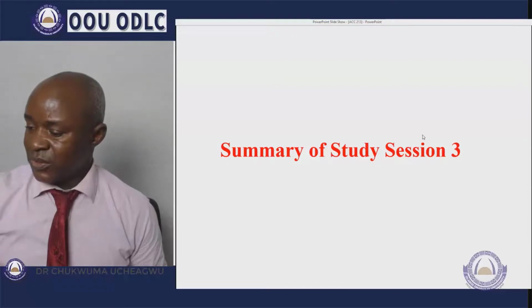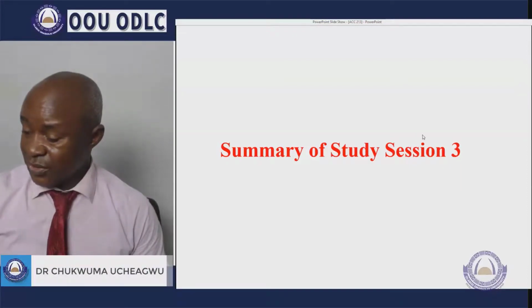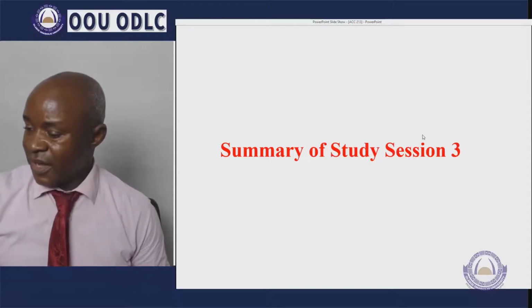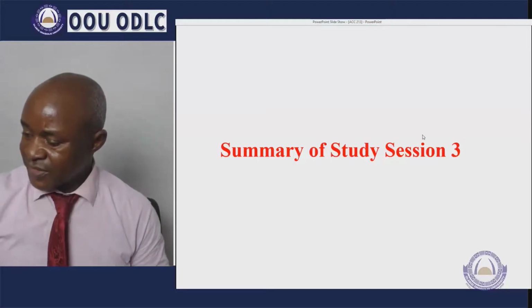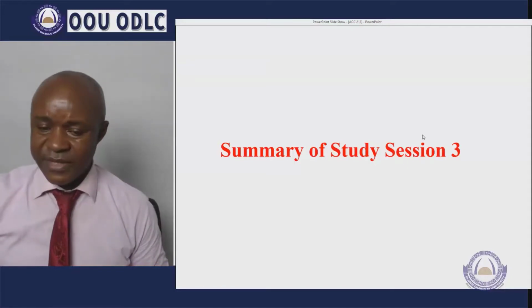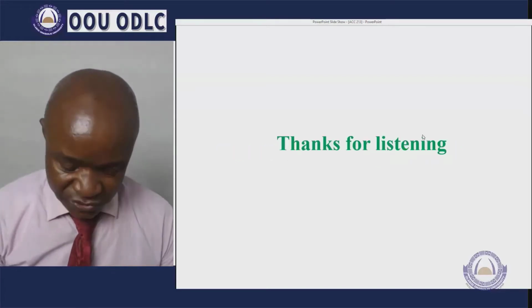And then we looked at setting up budgets, and making available sufficient and effective storage facilities. We also looked at employing competent and qualified personnel to handle stocks, because it is a very sensitive and significant portion of the business of that company. So with this we have come to the end of session 3.